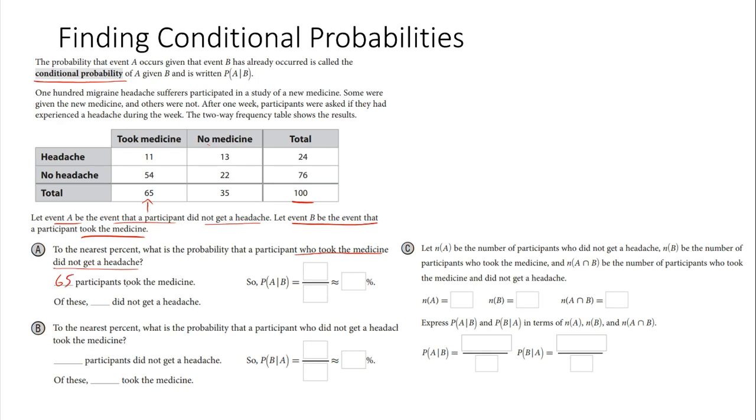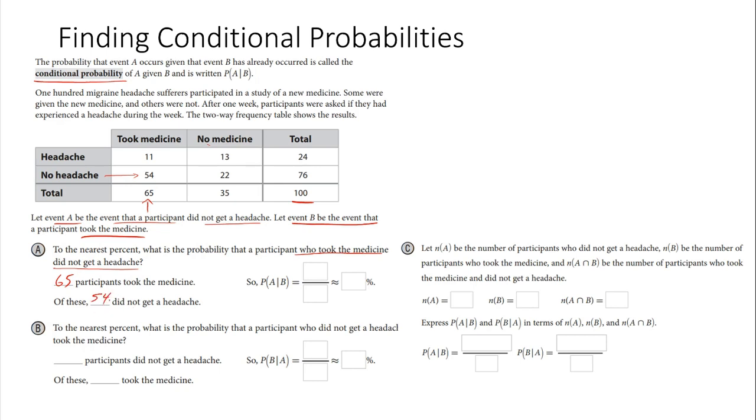Now, of those 65 people, how many did not get headaches? No headaches: 54. So 54 people did not get headaches.